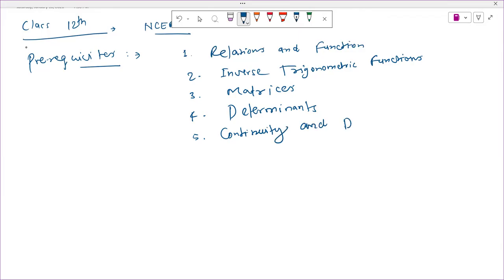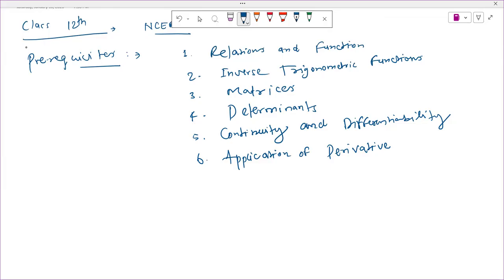Sixth is application of derivatives. So all these 6 chapters belong to part 1.